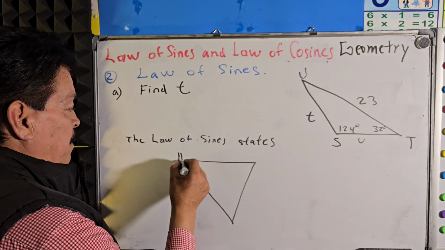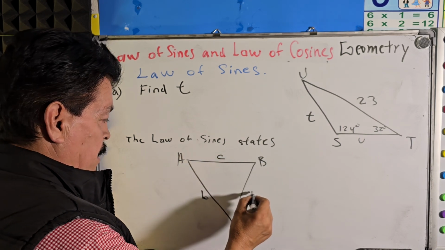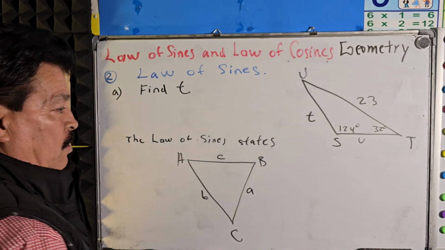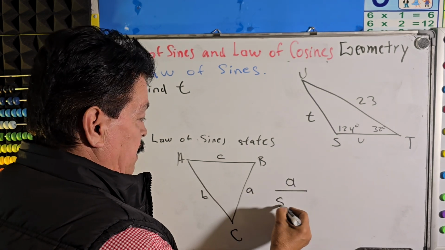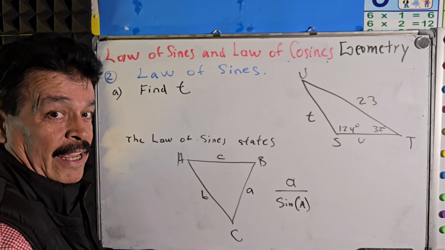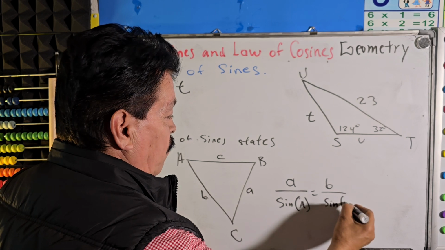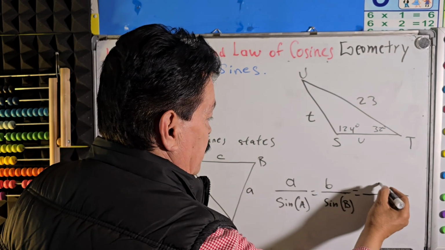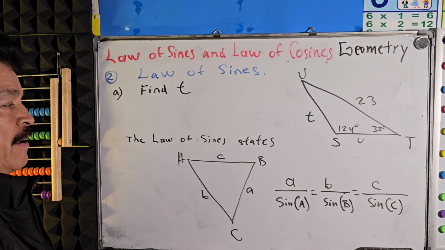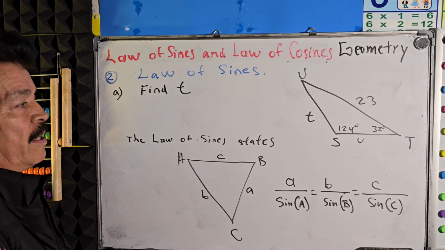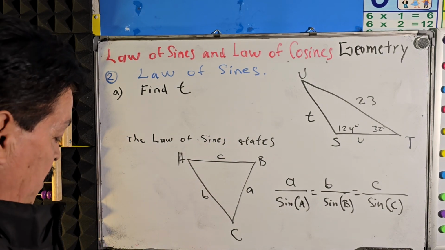If we have A, B, and C, we have this formula: a divided by sine of A equals b divided by sine of B equals c divided by sine of C. That's the main point. This is the law, the property to find the answer in our problem.